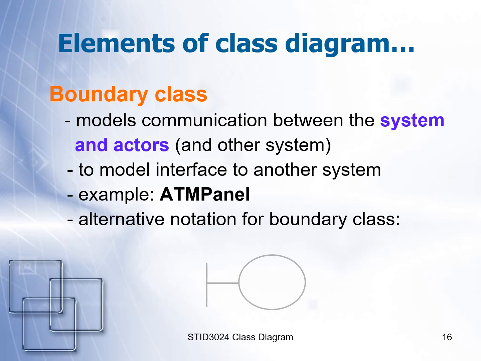The way that you give name to this class also should reflect that it's a boundary. Normally what you can do is you can add word like panel, you can add word like page or UI, just to show that this class is actually representing boundary.